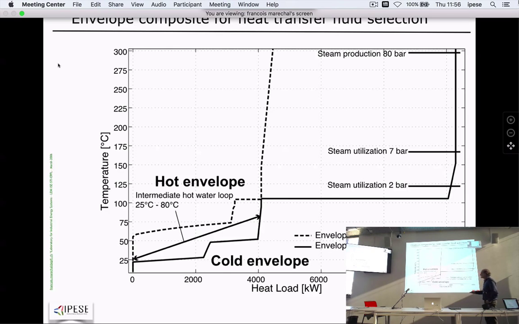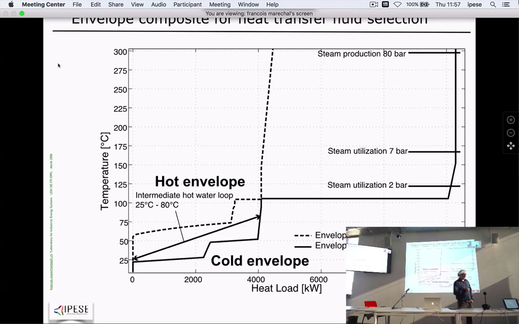Any set of utilities that are between this hot envelope and the cold envelope are compatible for doing the heat transfer to mitigate the penalty. That means that if I have something in between the two, then I will be able to mitigate the constraints of the restricted matches.